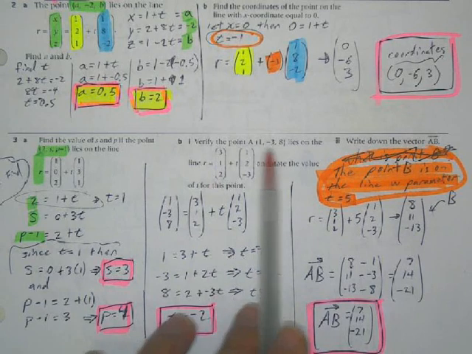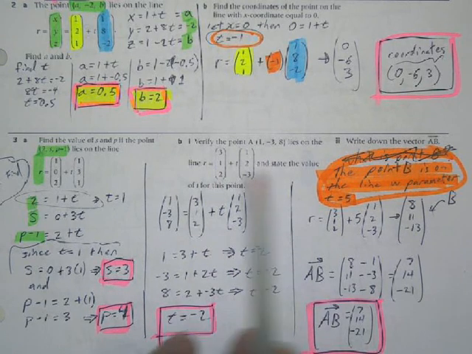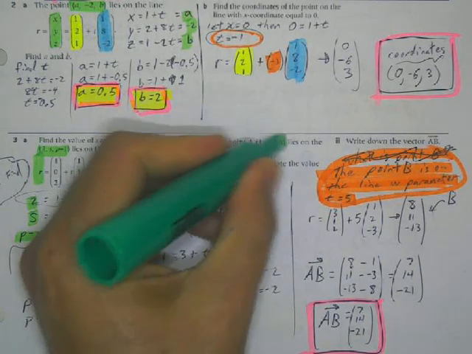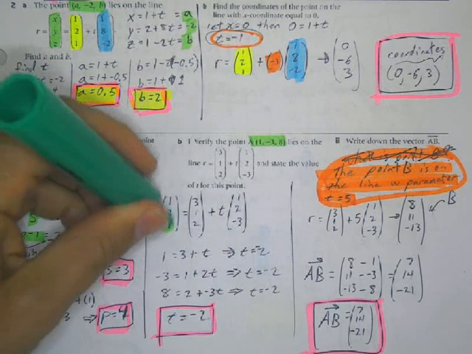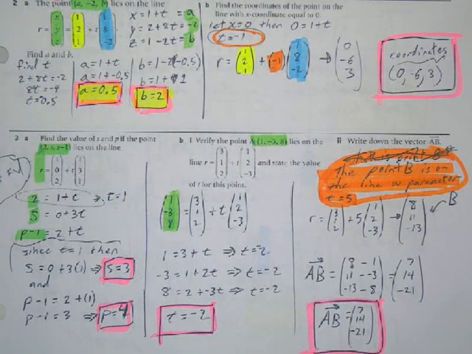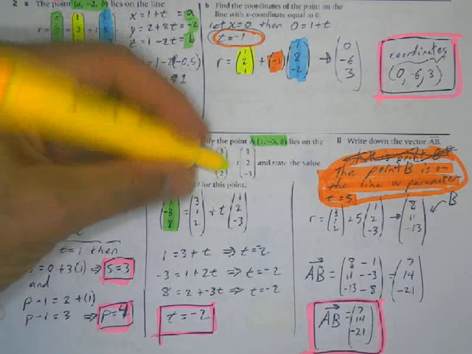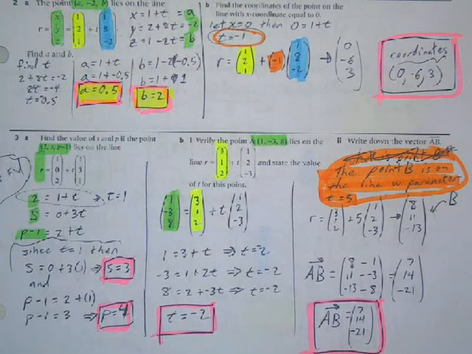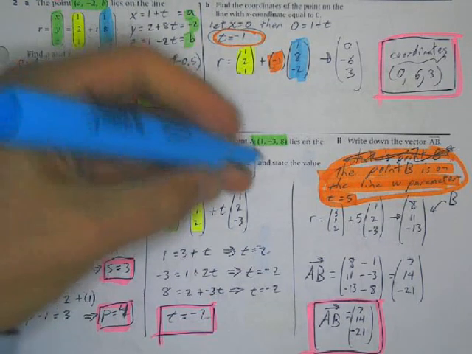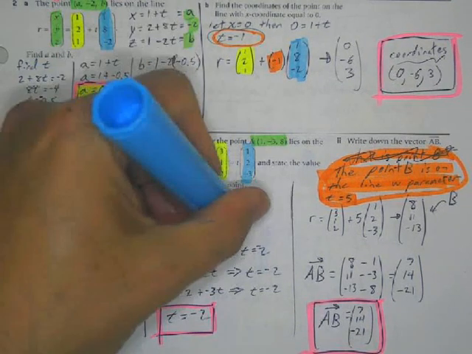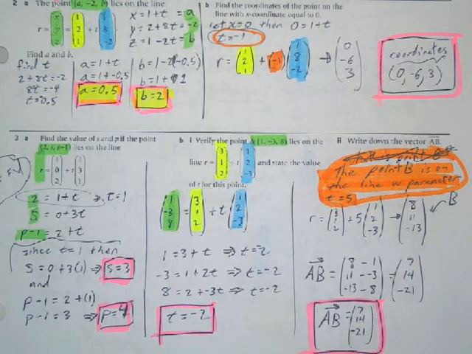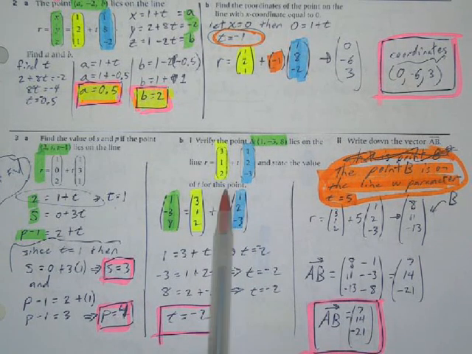Okay. Verify that this point lies on here. Once again, we're replacing r with 1, negative 3, 8. We've got our position of 3, 1, and 2. We've got our direction vector of 1, 2, negative 3. And we're going to verify that this point is on this line.